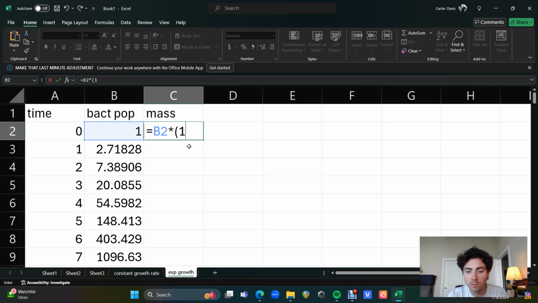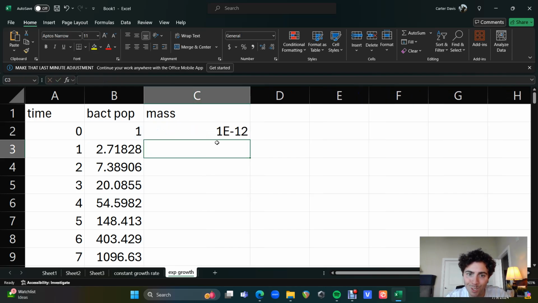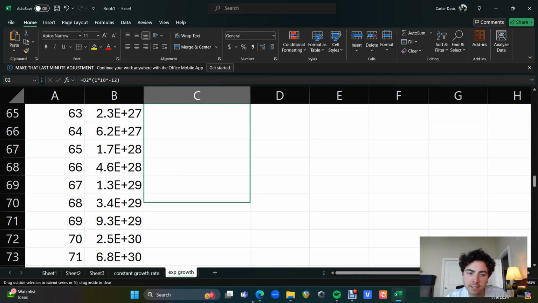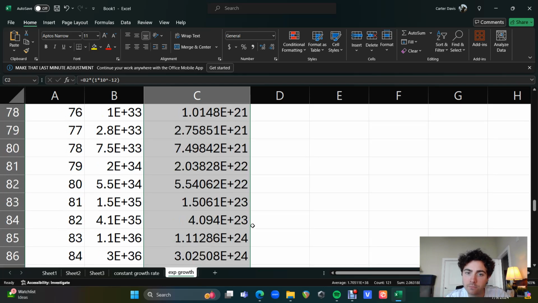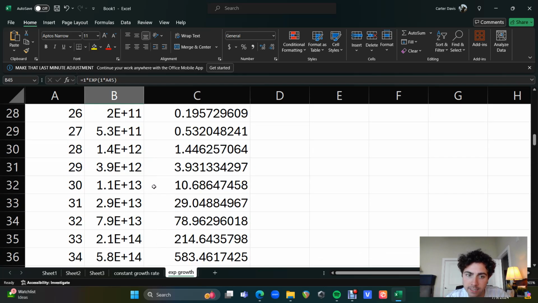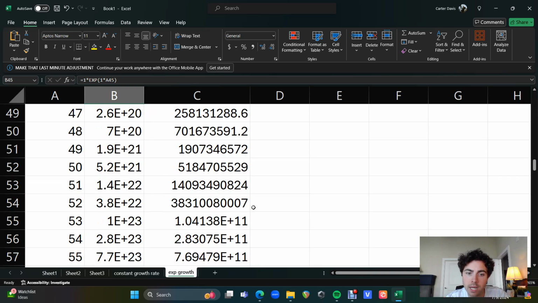So it's taking the population at any time and multiplying it by the mass of a single bacterium. And then from there, we can click and drag this down. And what it's doing, again, is multiplying the mass of one bacterium times the number of bacteria, and it's giving us the mass of the entire population.